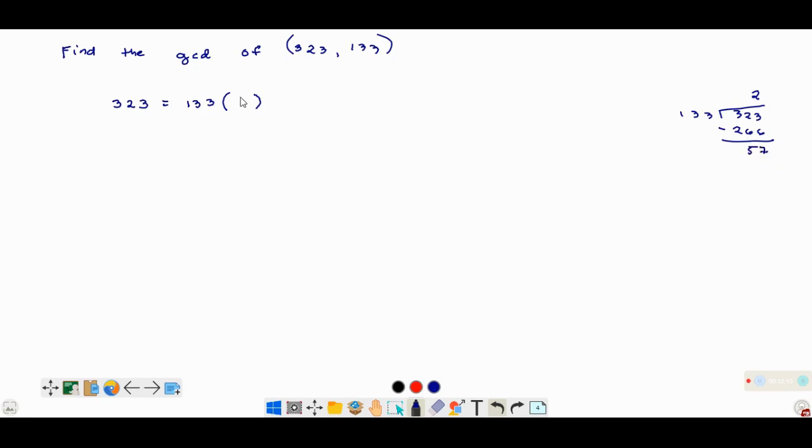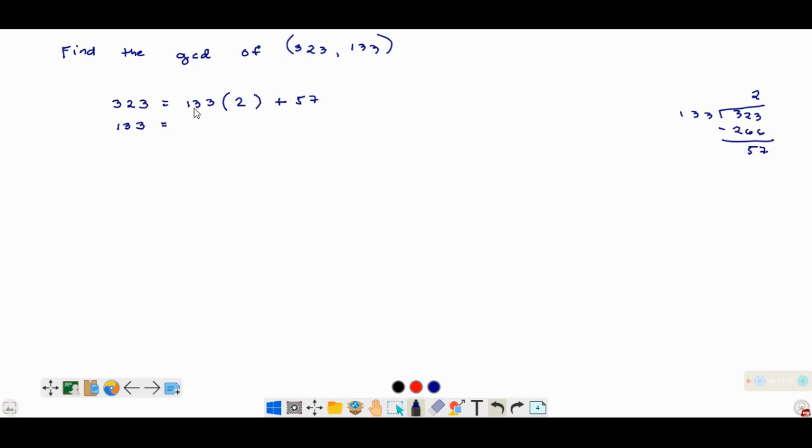So from here, you have to write the quotient inside this one, the parenthesis, and then write the remainder in the end. So you have to write the bigger number as a product of the smaller number times their quotient plus their remainder.